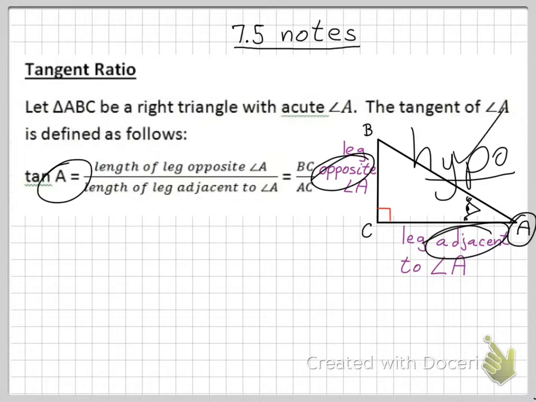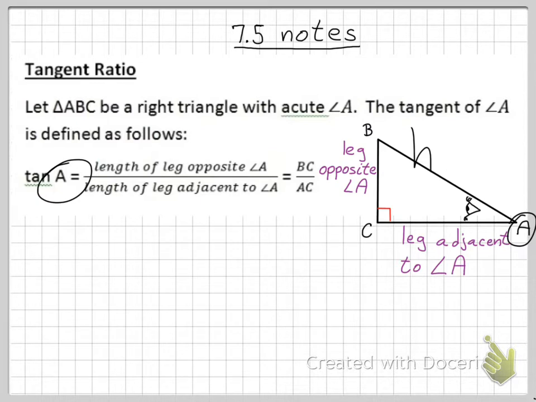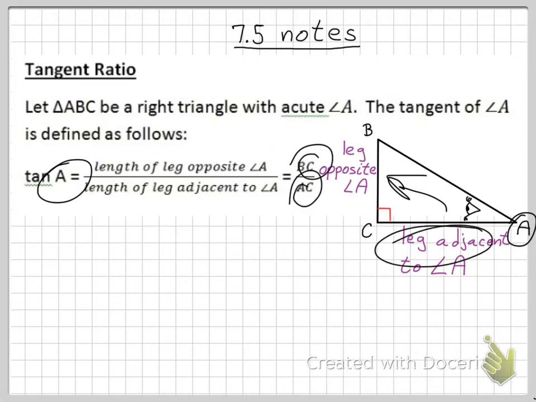The hypotenuse is always the hypotenuse, and never adjacent or opposite. Okay? And remember what a hypotenuse is. It's the longest side of a triangle, and it's directly opposite the right angle. Okay? So that's the important concept of putting your eyeball where the angle is. Okay? And then in relation to your eyeball, that would be opposite, that would be adjacent. So that's where you get the BC over AC. Okay?